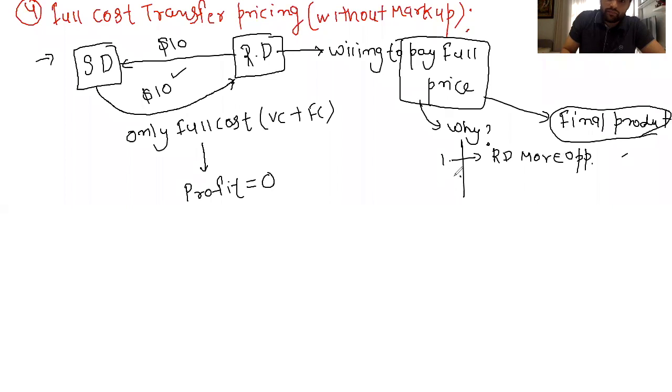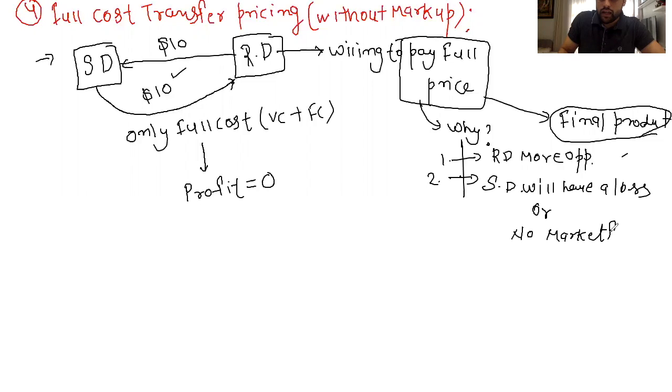But the supplying division will have a loss, because an outsider may not be willing to buy at the same price, or there is no market for the intermediate product, right?